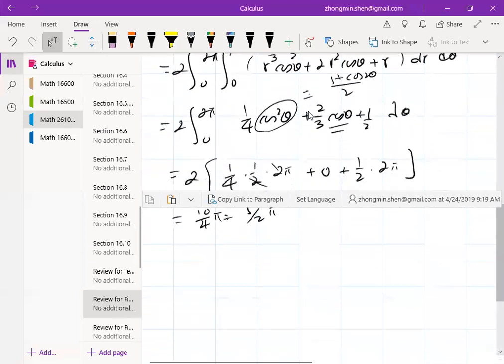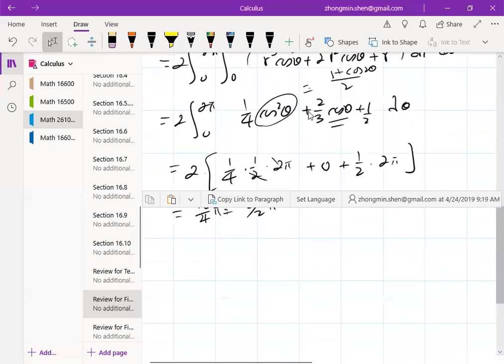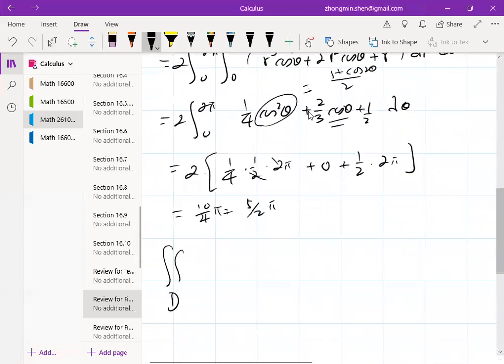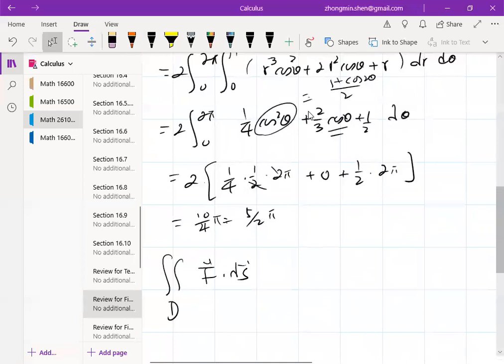Now, what happens if I do not include the bottom part? So what is the surface integral of F dot n dS over the disk? Okay, look at this. This is the surface integral at the bottom.